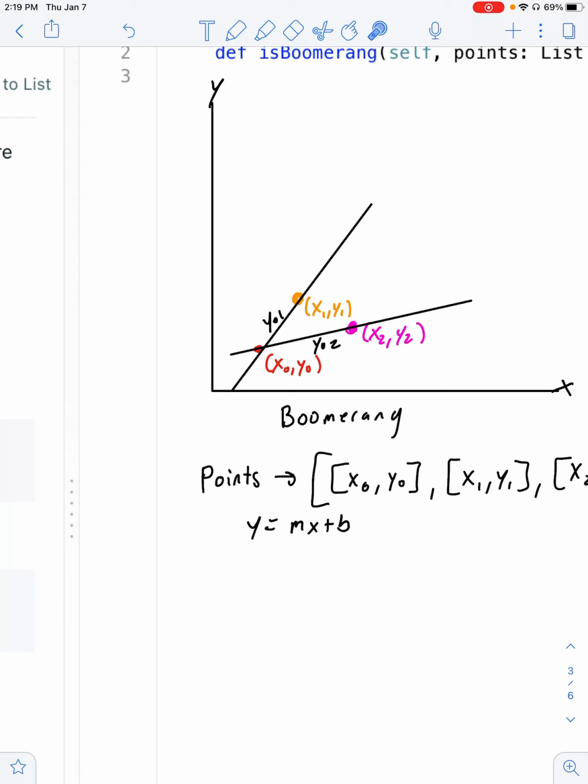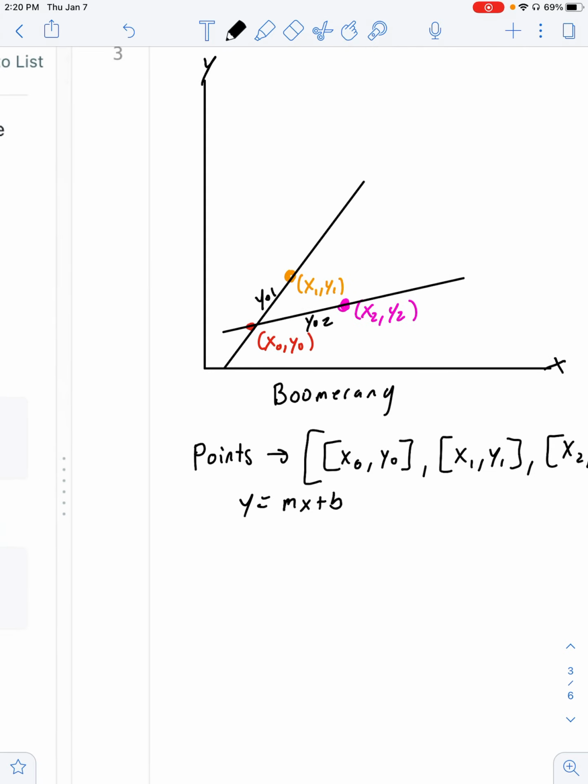And b is the intersection point of the y-axis, so when x is 0, where on the y-axis does the intersection happen. If we wrote these for both lines, y01 equals m01 times x plus b01, where b01 is the point at which this line intersects the y-axis. Same thing for y02: y02 equals m02x plus b02.